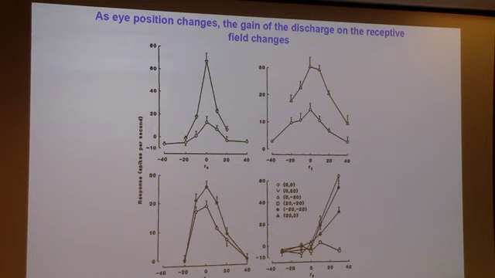And the top part is the response for what? You mean these two curves being different? It's just that when you move your fixation point to another place, it will have a different gain in your response. So my fixation point is first here, and I have this kind of response.